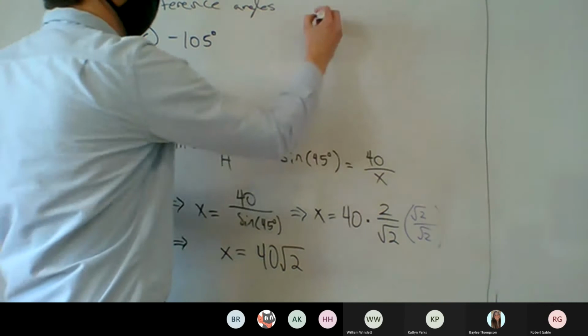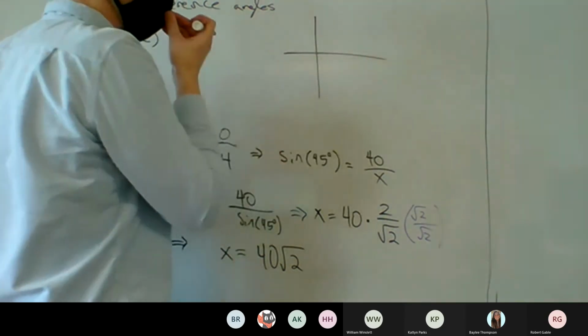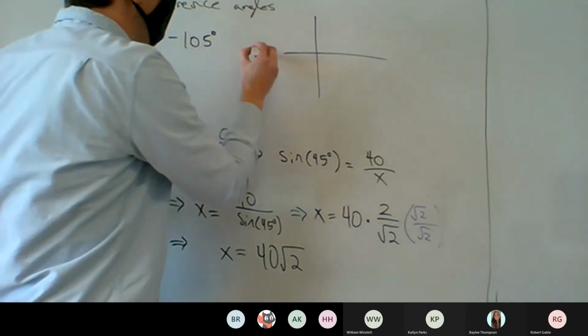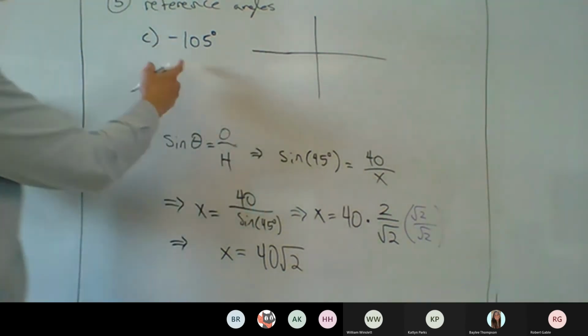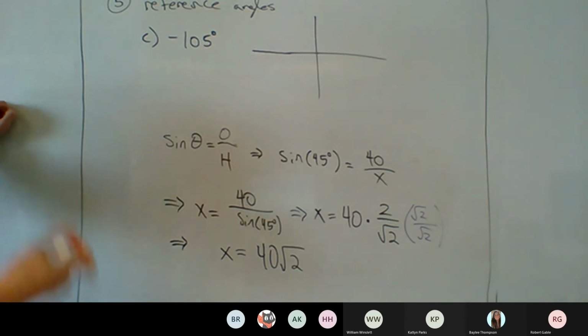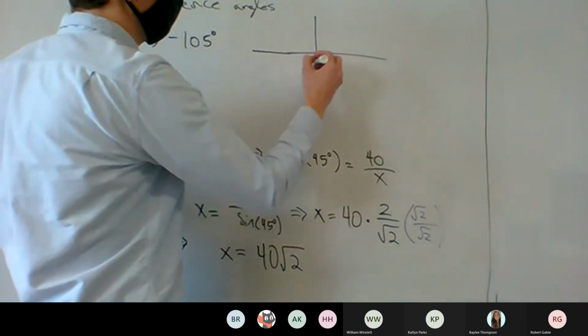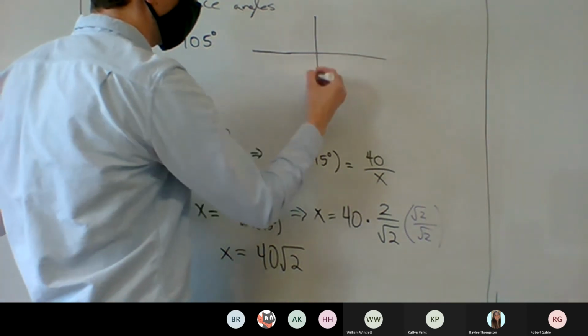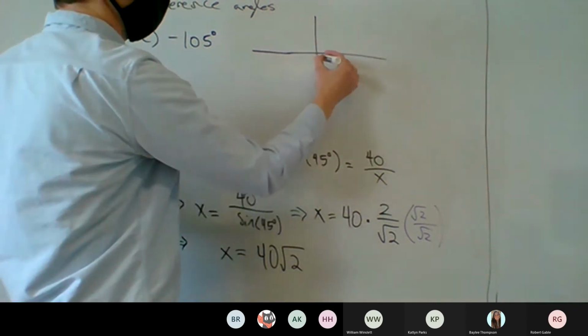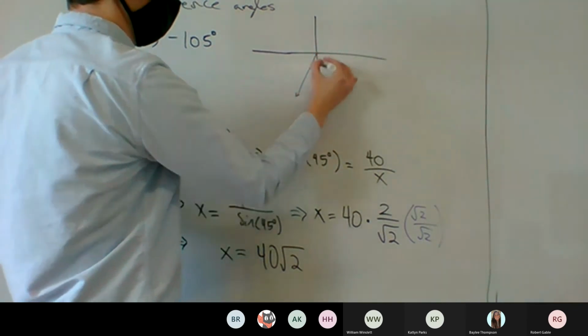Remember, a reference angle is an acute angle that shares a terminal side with this angle and goes to the x-axis, so its initial side is on the x-axis. Negative 105 degrees, going this way, would be over here somewhere.